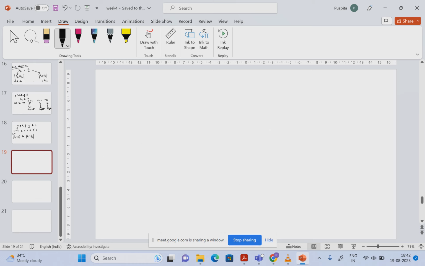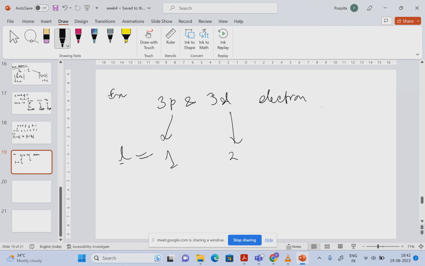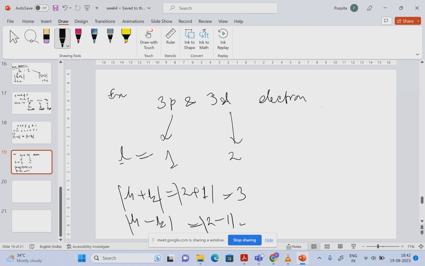So for example, we compute for 3p and 3d electrons. For p, L will be 1, and for d, L will be 2. So L1 plus L2 is 2 plus 1, 3, and L1 minus L2 is 2 minus 1, equal to 1.